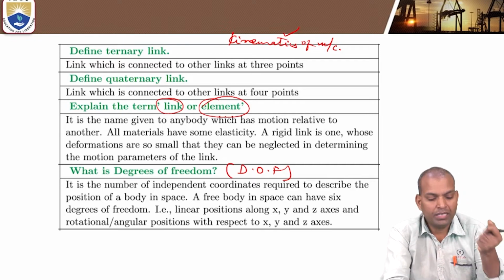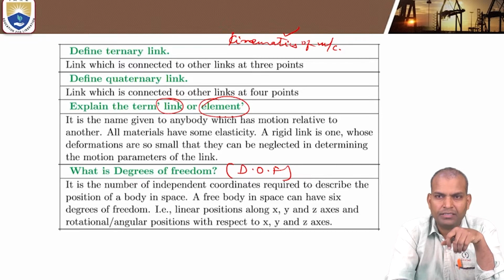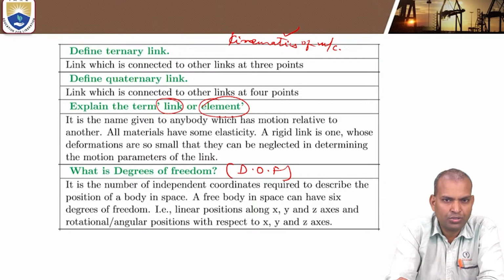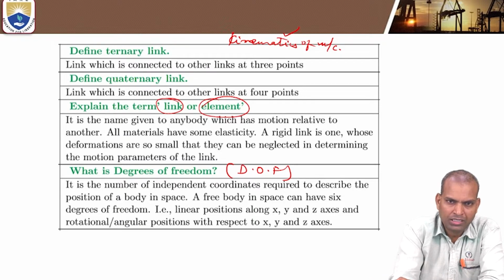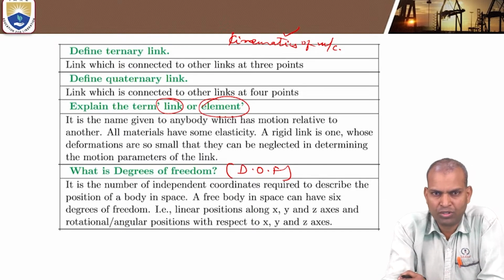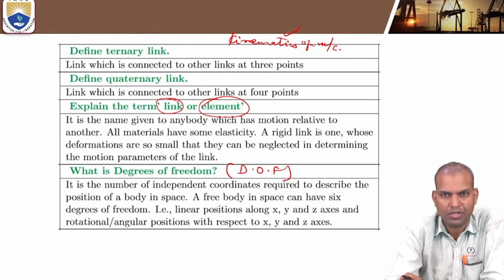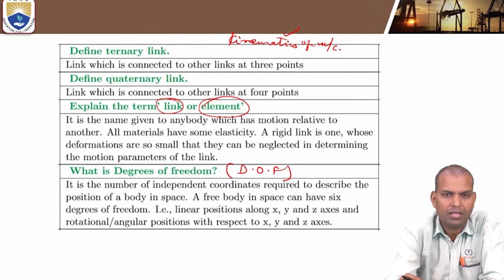The number of independent coordinates required to specify the complete configuration of a body in space is known as the degree of freedom. In vibrations, the definition of the degree of freedom is the number of independent coordinates required to specify the complete configuration of a system.